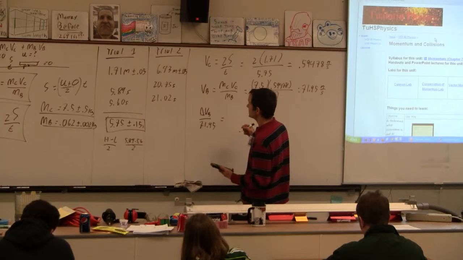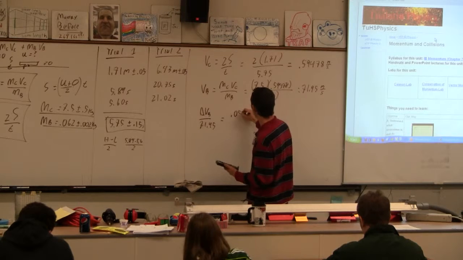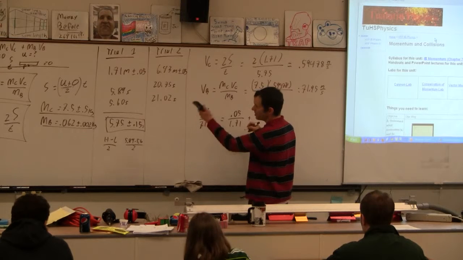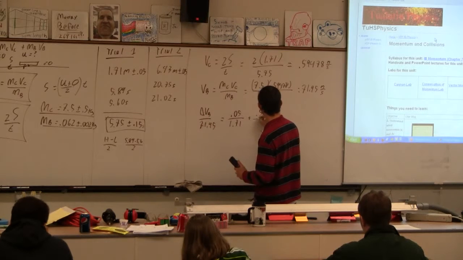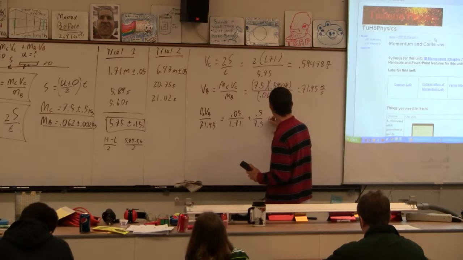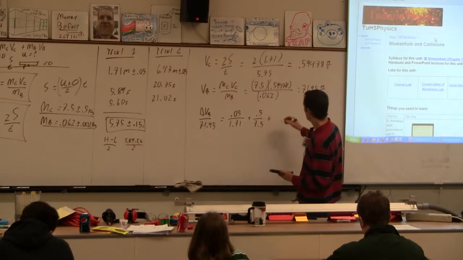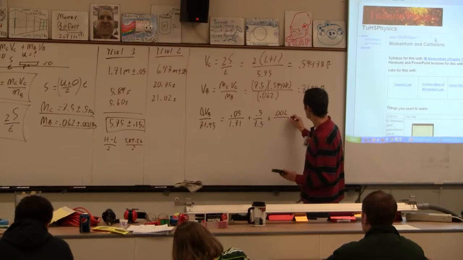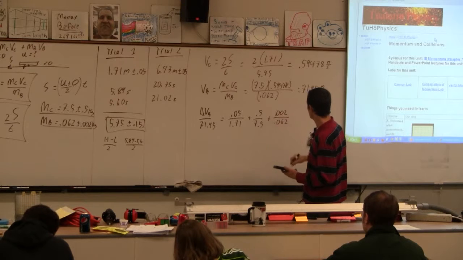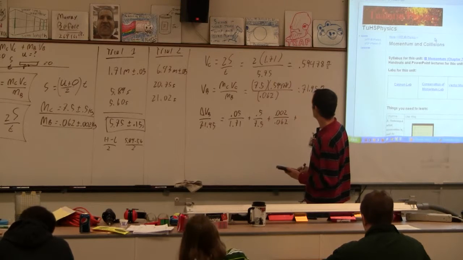So the first thing that was uncertain was the distance. It was 0.05 over 1.71. And then the cannon had a lot of uncertainty, 0.5 over 7.5, right? Plus 0.002 divided by 0.062. And then what else was uncertain?